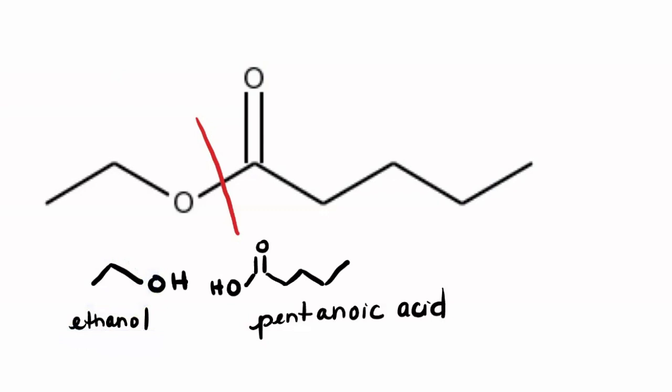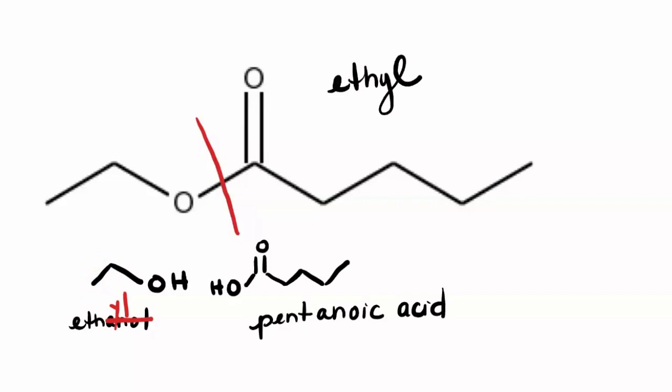One way to do it is to replace, in the alcohol name, the ANOL with YL. In this alcohol, I have one carbon, two carbons, so that is an ethyl group. So that's the first word in my ester, ethyl.